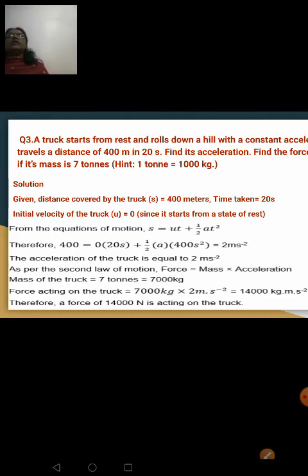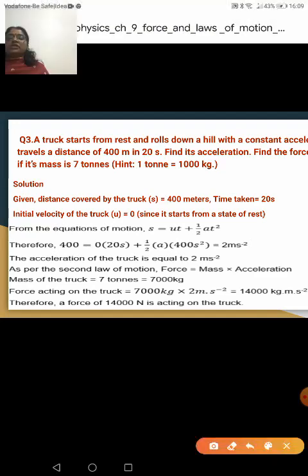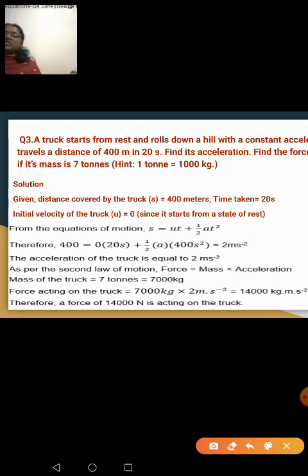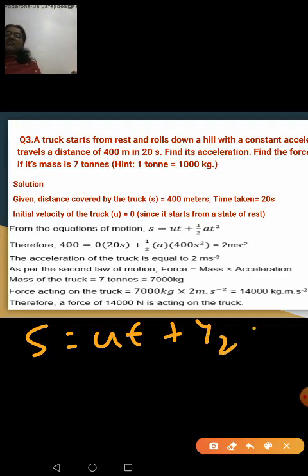Then they want you to calculate acceleration. Whenever you have distance, time, initial velocity, and they are asking acceleration, the easiest way to find it is using the equation of motion, S is equal to ut plus half at square. Now let's substitute the values.